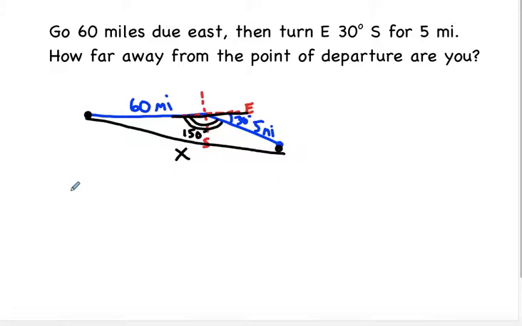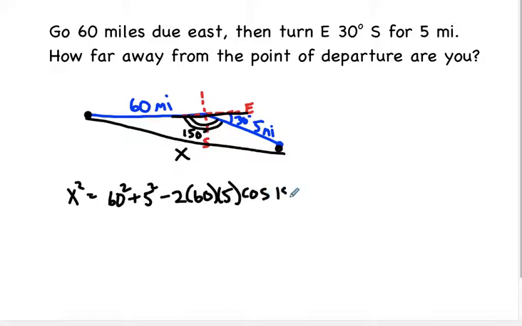So now I can do law of cosines. X squared equals the two sides surrounding the angle, squared and added up, minus 2 times those sides multiplied together, times cosine of the angle in between them. All right, so you type all of that in your calculator. And what do you get?